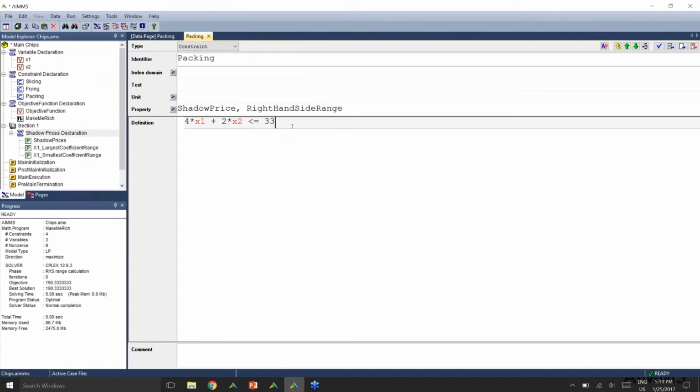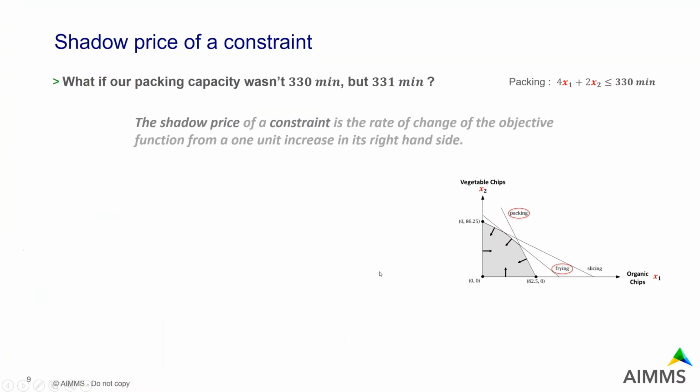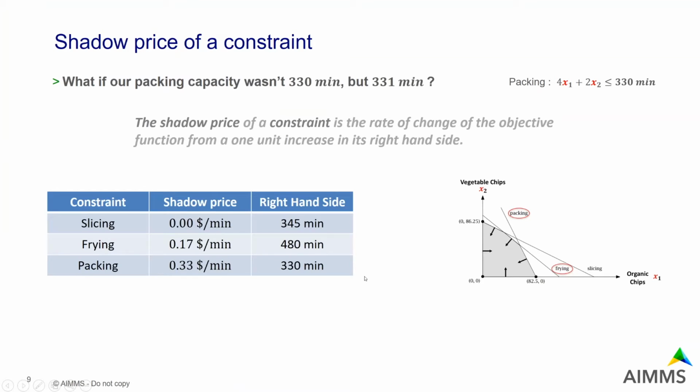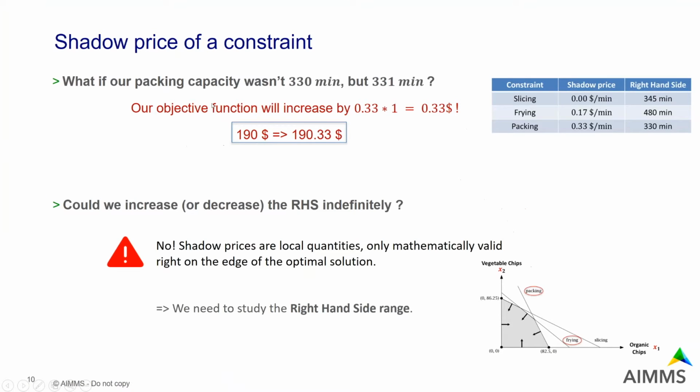If we increase again by 1 minute, we have the pleasure to see that the increase is again represented by the shadow price. Getting back to the presentation, we can see that the shadow prices for every constraint in our model are plotted here. Answering this simple question, our objective will increase by $0.33.